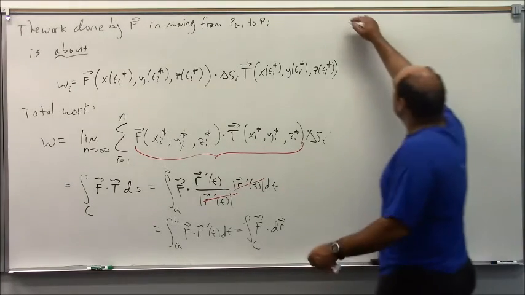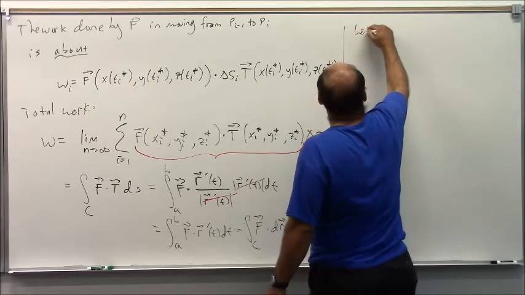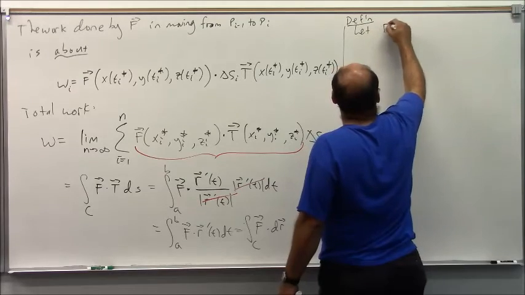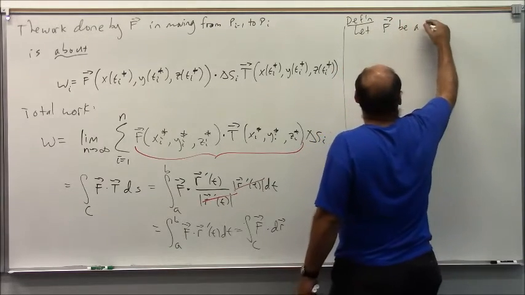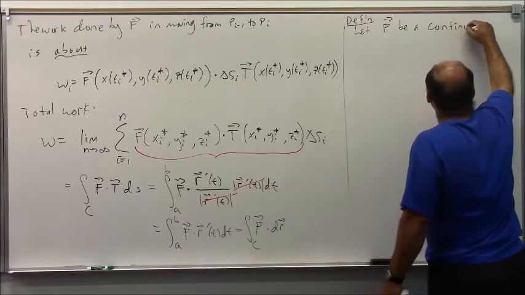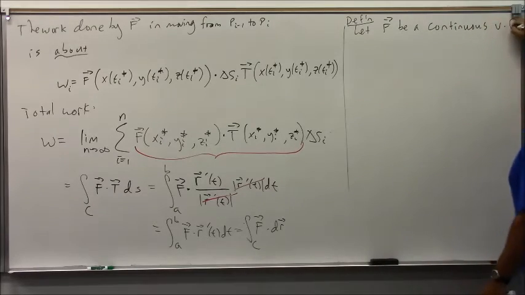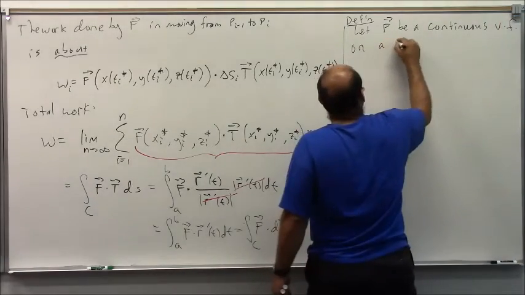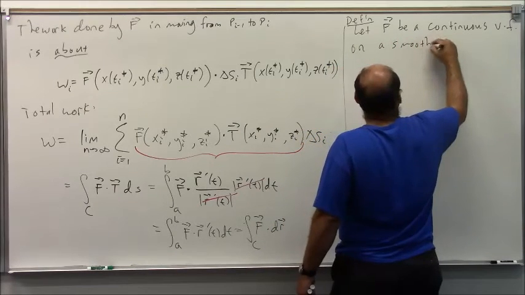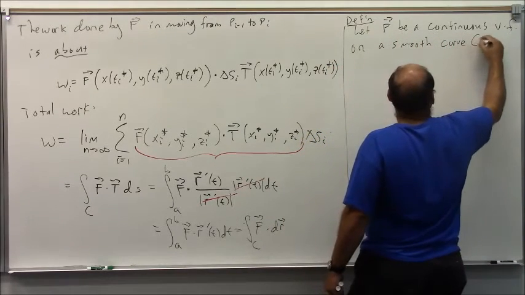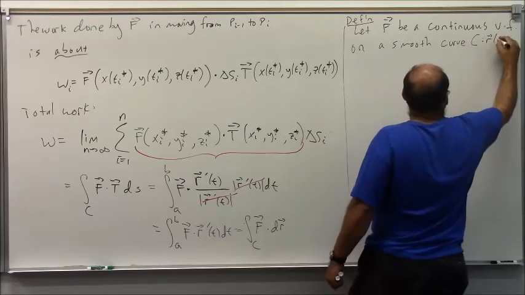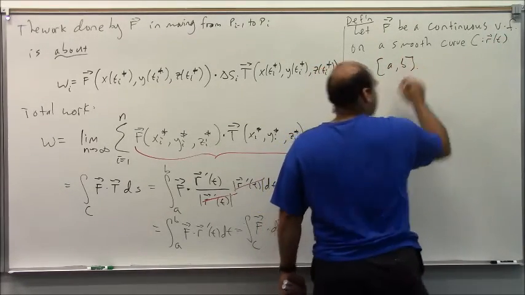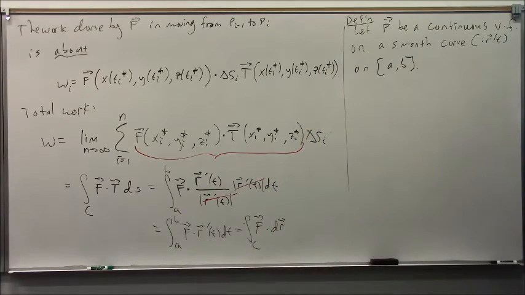So let's let, this is a definition, let's let f be a continuous vector field on a smooth curve C given by r of t on the interval from a to b.